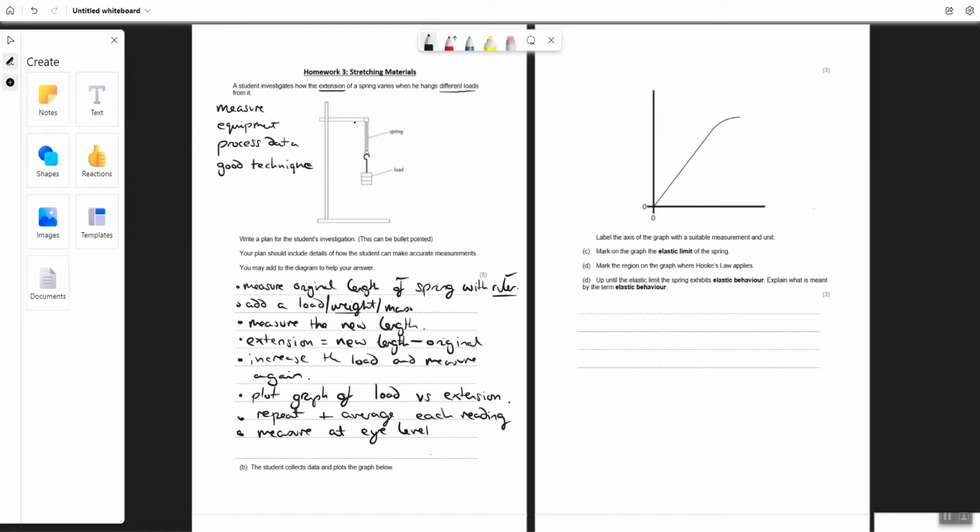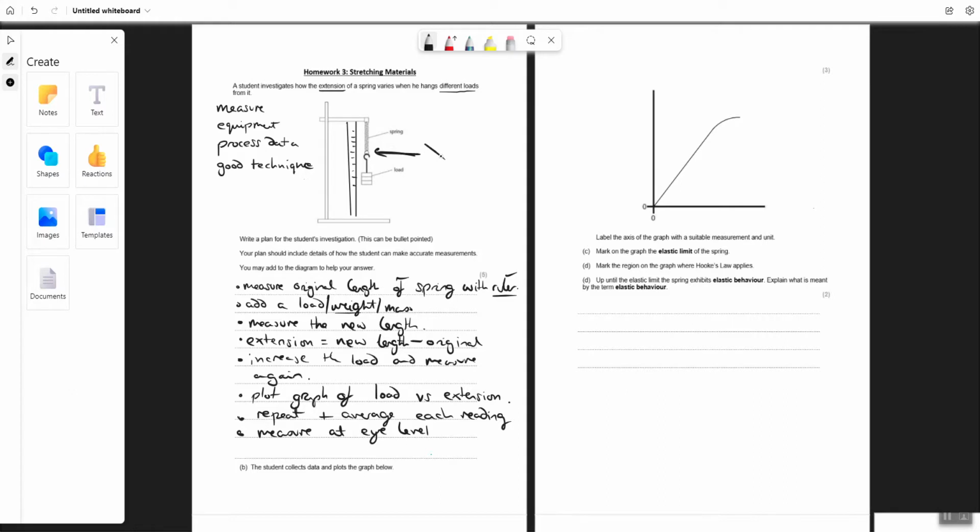If you're measuring the extent of the spring, so there's your ruler, if I want to measure this accurately, I need to look at eye level. So exactly at eye level.